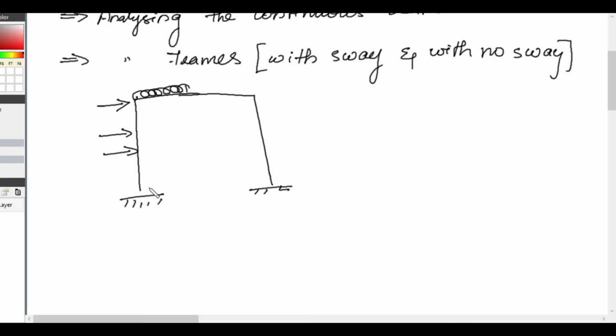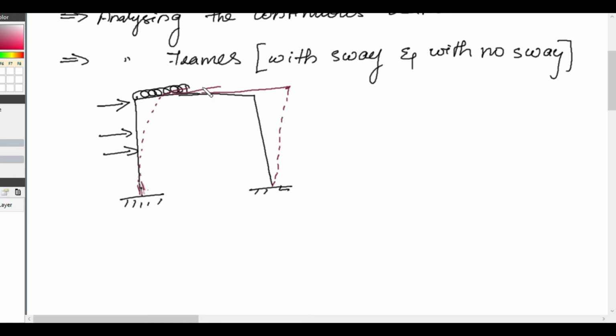That means this frame will be subjected to some deformation, and that is called sway. So we are going to analyze continuous beams and frames with sway and with no sway.